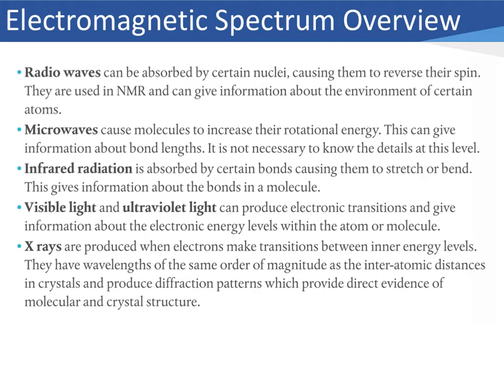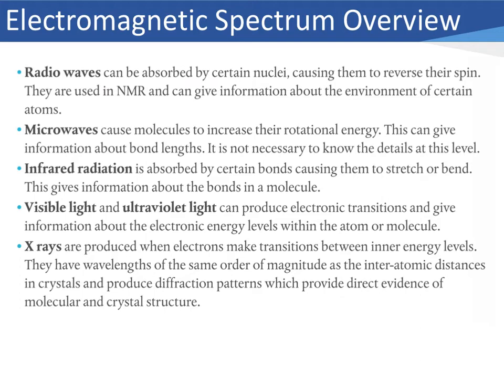Infrared radiation can be absorbed by certain bonds, causing them to stretch or bend, and this can give information about the bonds. We will learn about infrared spectroscopy in a couple videos down the road. Visible and ultraviolet light can produce electronic transitions and give information about electronic energy levels. We do a little bit of UV visible spectroscopy studying Beer's law. We're not going to focus on that in this section, but it's just a little bit of a reminder.